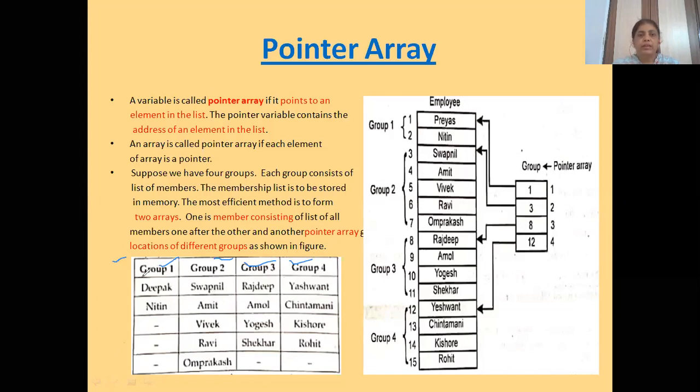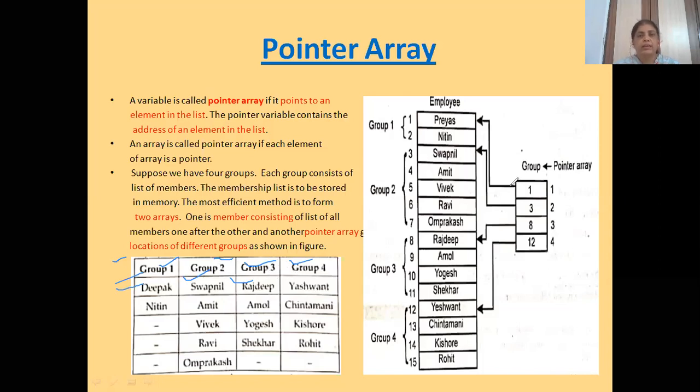It will keep the track of the group starting from which address। So it will store the first address of group 1, then it will store the first address of group 2, then it will store the address of group 3, same way the starting address of group 4.